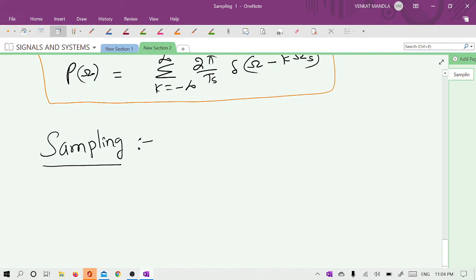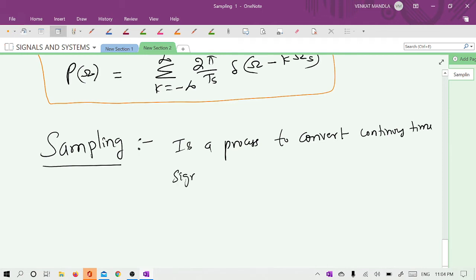I'm just saying sampling is a process to convert a continuous time signal into a discrete time signal.